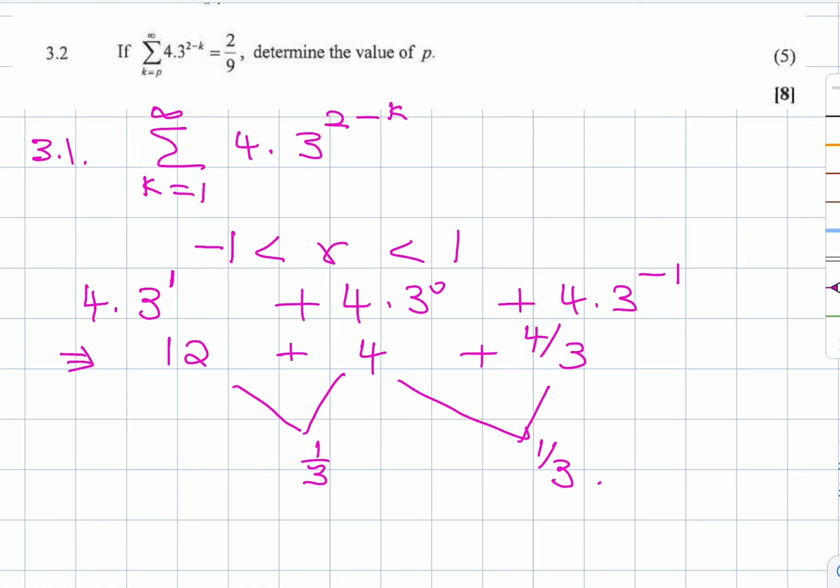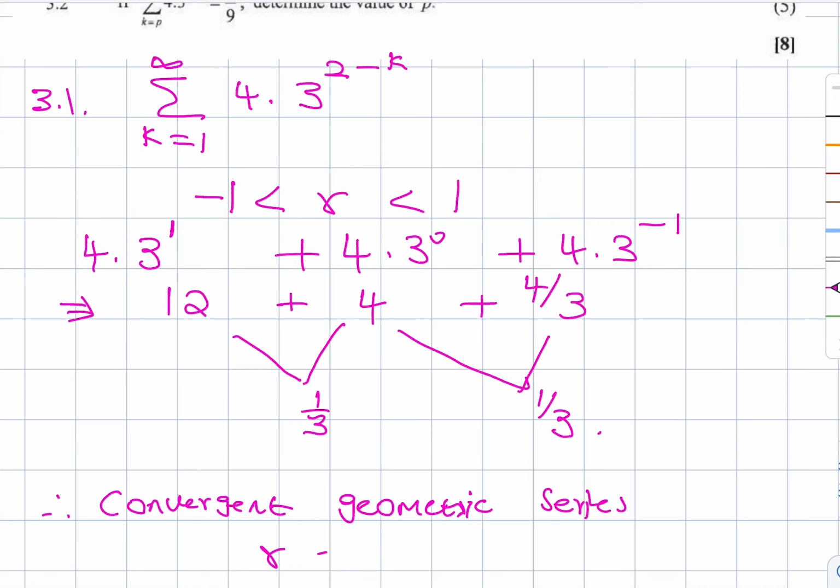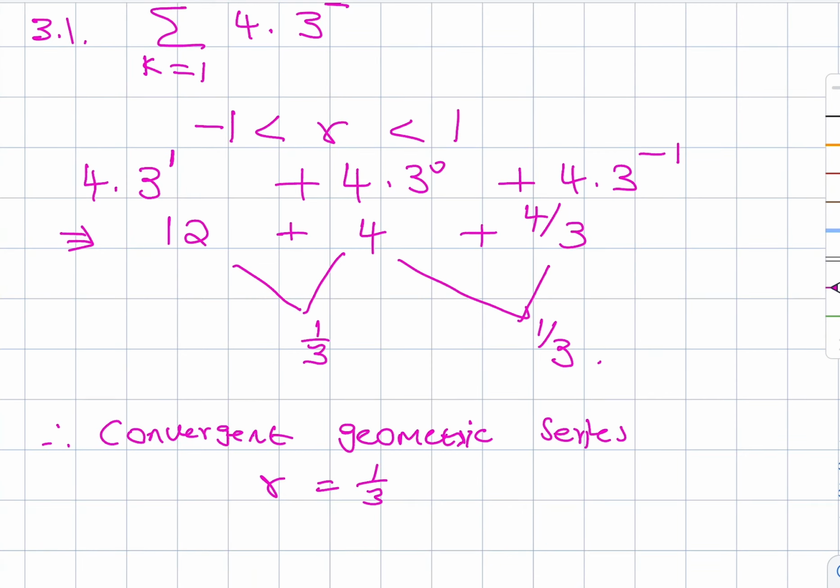Therefore, this is a convergent geometric series, since r is equal to 1 over 3, and you know that 1 over 3 is less than 1 and greater than -1. Then you've answered that question.